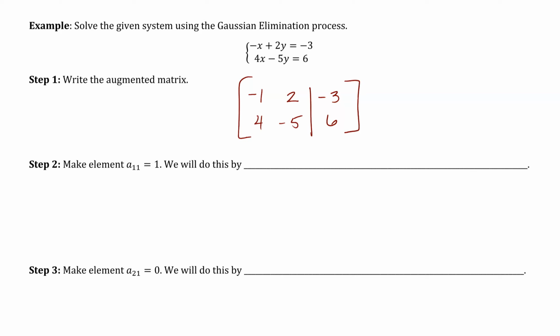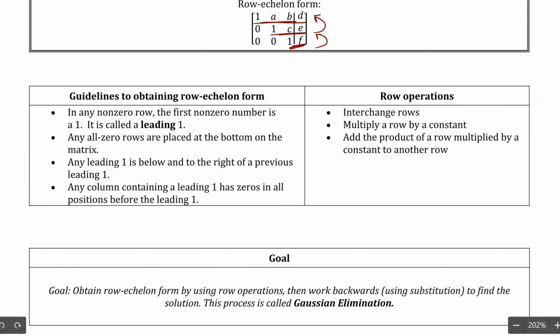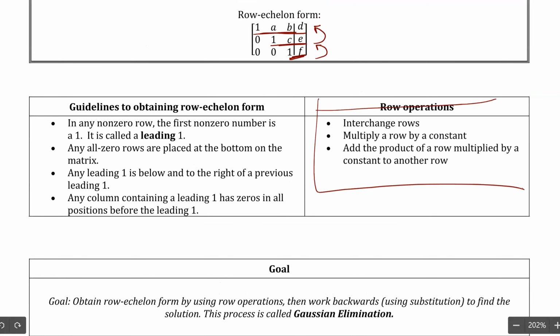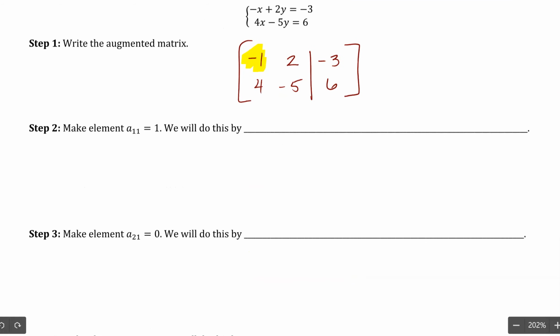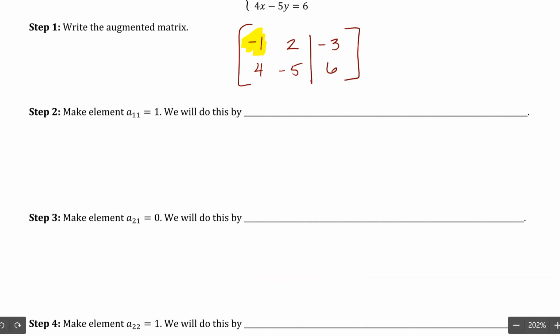Next, we're told we need to make element a1,1, so row 1, column 1, equal to +1. How are we going to do this? How can we make this element a 1 using the row operations that we're allowed to use? We are going to multiply row 1 by -1.